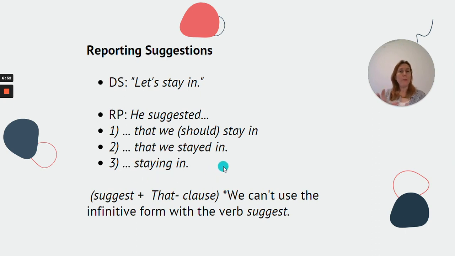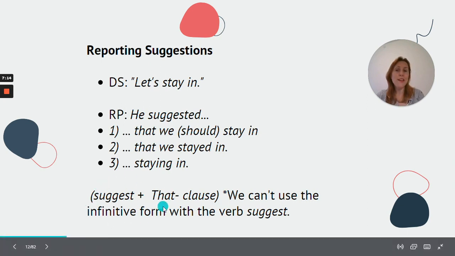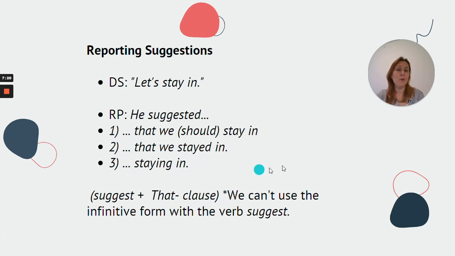So remember that when reporting functions, in general, we use an infinitive clause, except when we are reporting suggestions, except when we are using the verb suggest, because suggest behaves in a different way, has a different grammar structure, right? So we use suggest plus a that clause or plus an ing form.